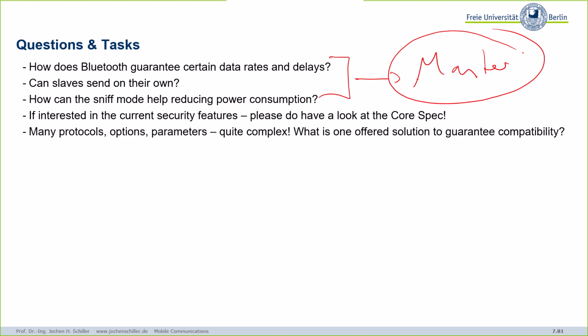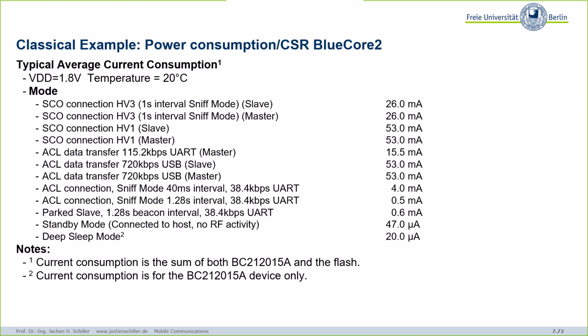We looked a bit more into power saving, and this is this question about the sniff mode. So what is the advantage of the sniff mode? How does it help reducing power? But what is also maybe a disadvantage of the sniff mode? The device sleeps and only listens for transmissions at an interval that is set by the master.